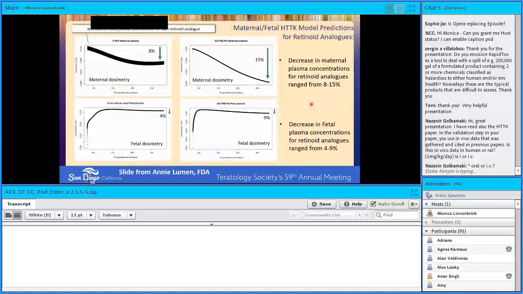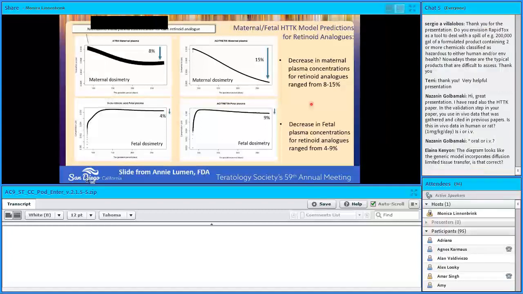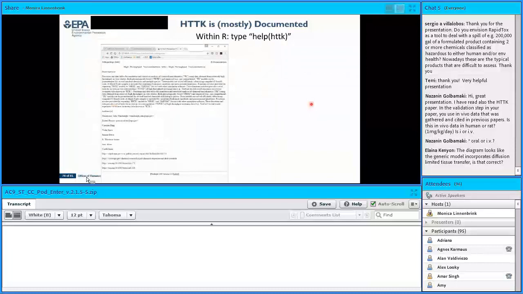What she's finding is relative insensitivity to parental changes in exposure. So you might think, oh, the chemical's cleared out of the mother, but it hasn't cleared out of the fetus quite as much yet. That's going to depend on time. It's going to be complicated. But basically, we have agreement with Annie, and we're working on developing this sort of work.